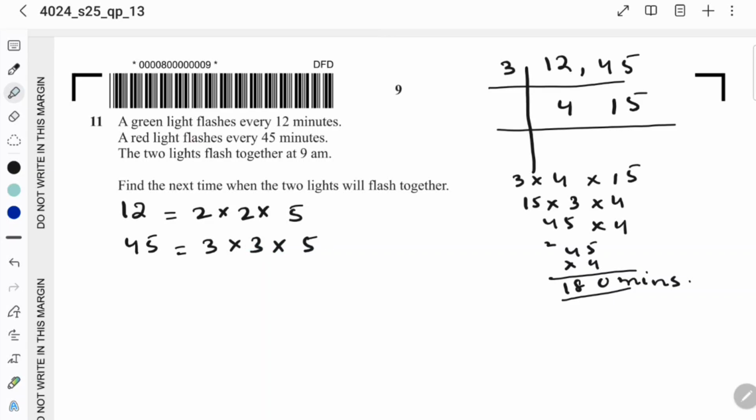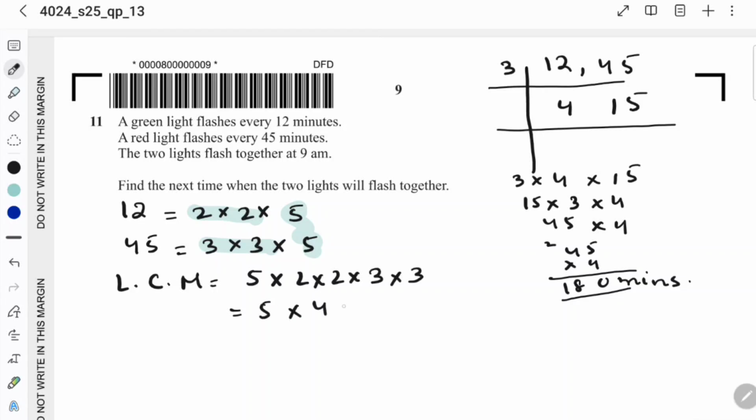So only 5 is the common, so you just write down once. 5 is the HCF here, okay? 5, and then you will have to write down these 2s and these 3s, okay? 2 into 2 into 3 into 3, 5 into 4 into 9, 5 fours are 20, 20 times 9 is 180, it's the same thing.